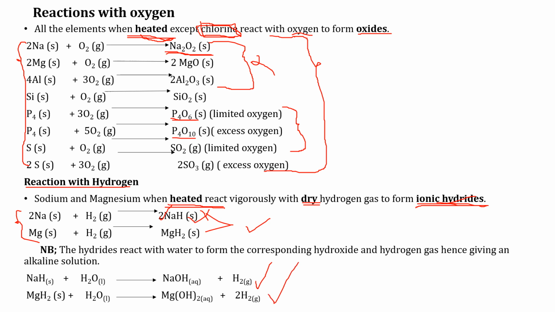So take note of these reactions, and when you're reading, make sure you don't ignore these notes. Some teachers ignore the notes of period 3 elements reacting with hydrogen, but if you look at the mock papers, they are bringing back such questions, implying that you should read them without fail.